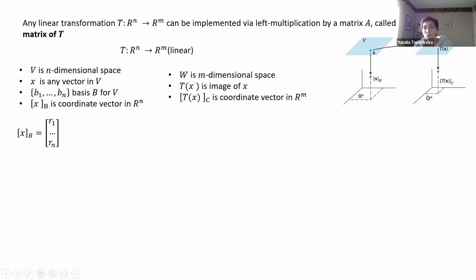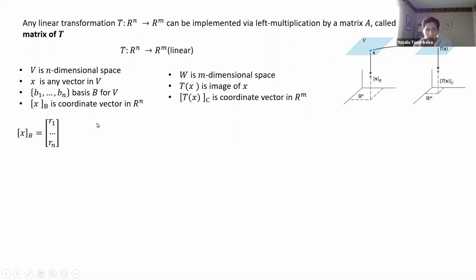Then we will express our image T of x in the coordinates of a different basis, consisting of m vectors. So the question is, how can we go from our Rn to Rm directly, if we are only given the transformation between V and W?